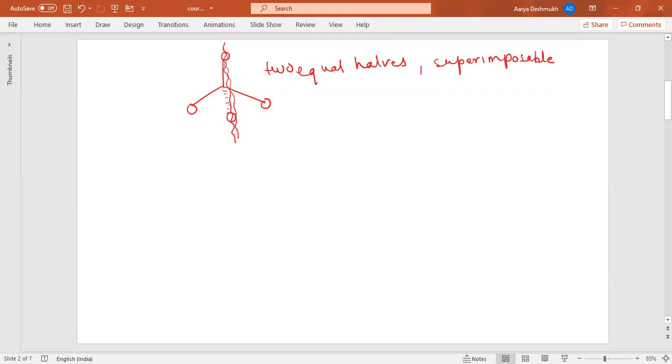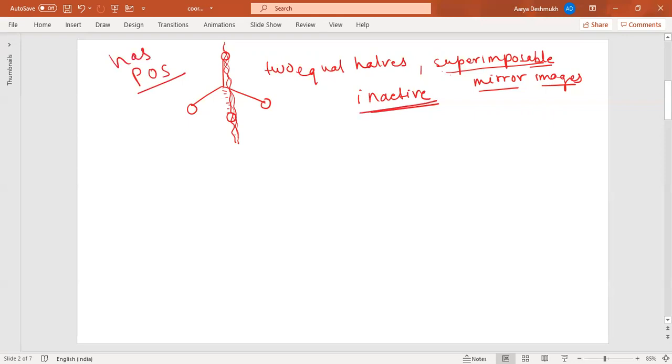It is a little bit imaginary, yes? You just imagine that you are cutting this molecule through this plane, and you get exactly the same thing, a mirror image, and those mirror images are superimposable. In such a case the complex will be optically inactive, because this complex has a plane of symmetry.